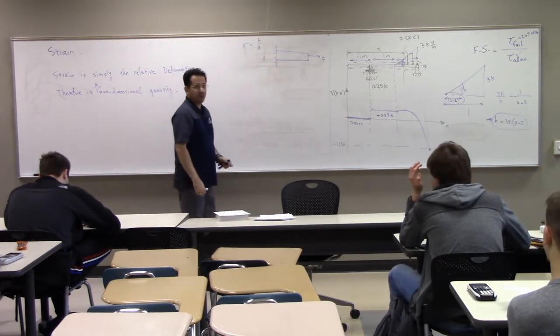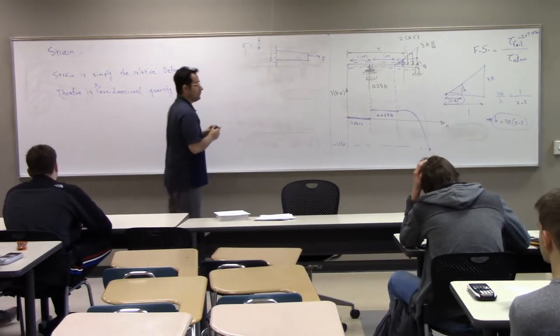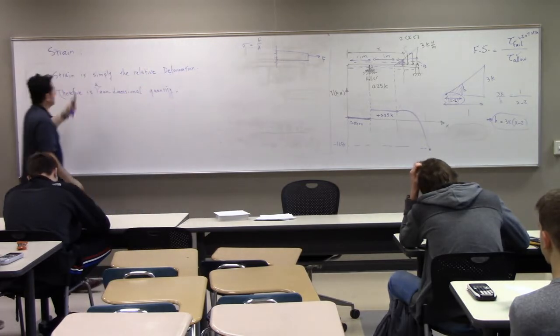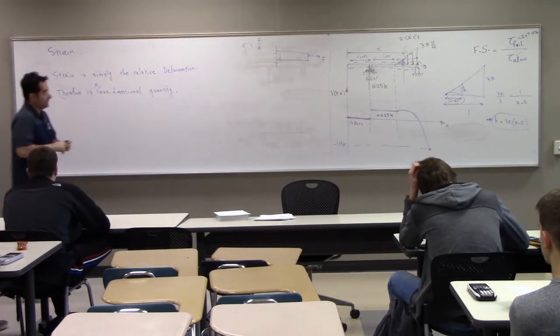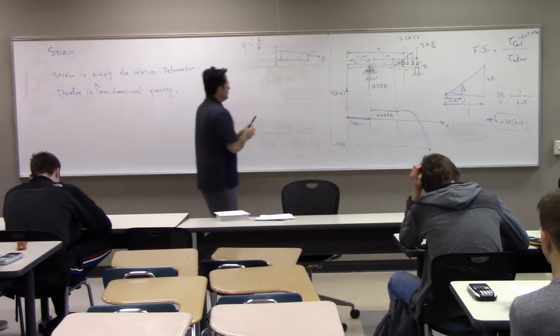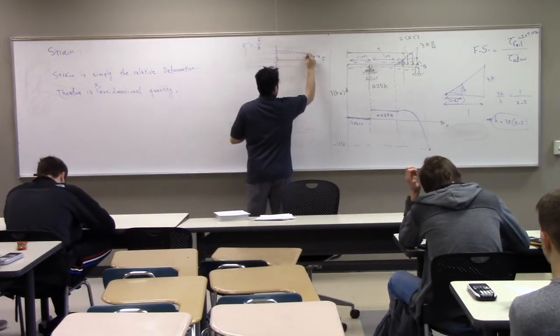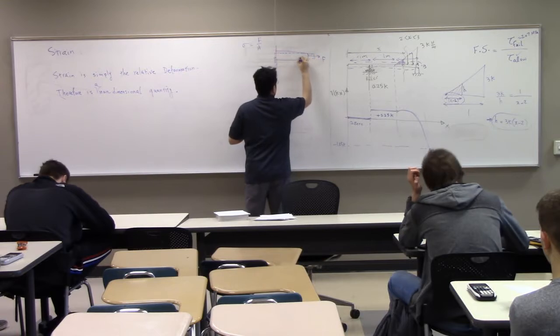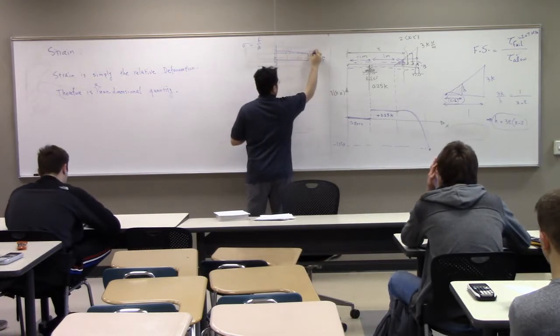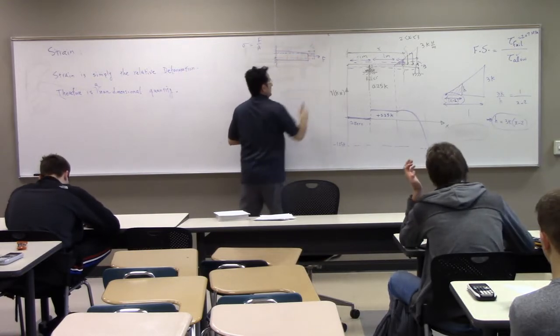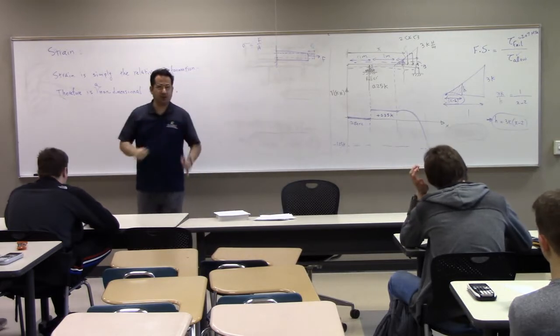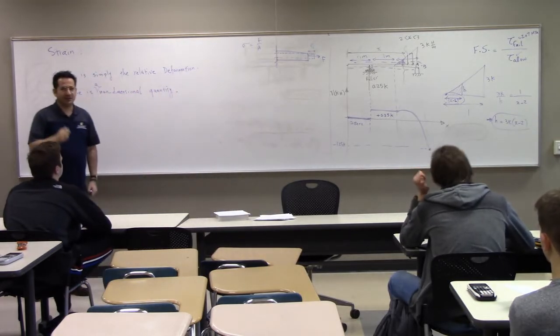Now another important thing is the deformation. You know that if you apply that force, your bar is going to stretch a little bit, like that, and you have some sort of, let's say, delta deformation. In fact, it acts like a spring.